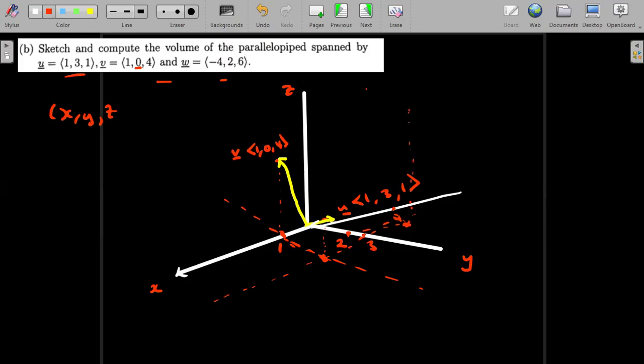So say my 6 units ends from there. So I'll connect that from the middle here up to where that vector is, because that's a position vector. So I'll get it like that. Then that there is my W, which is negative 4, 2, comma 6, like this.